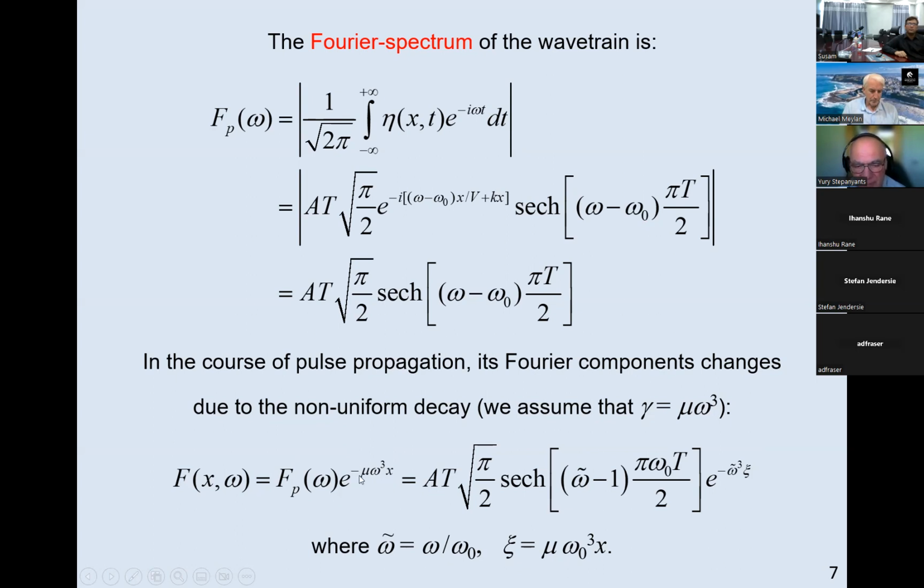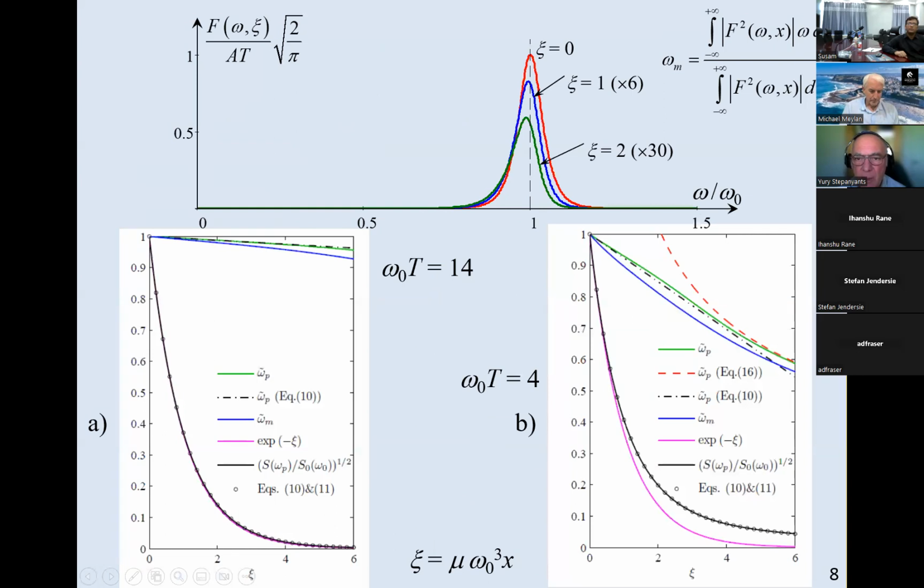And because of such non-uniform decay of frequency, we observe the apparent downshifting of the spectrum. So if initially the spectrum was presented by this red line, when psi is 0, psi is the normalized distance.